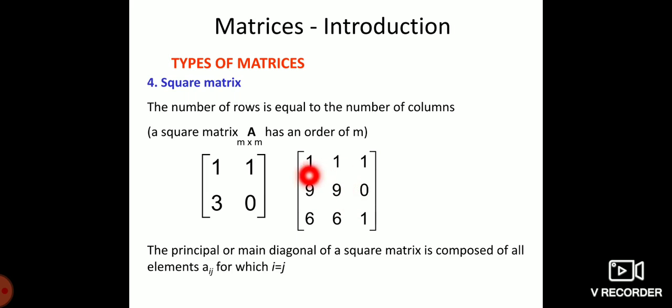This matrix is order 3 by 3. The number of rows is 3 and the number of columns is 3. That's why it is a square matrix. The principal or main diagonal of a square matrix is composed of all elements Aij for which i is equal to j.